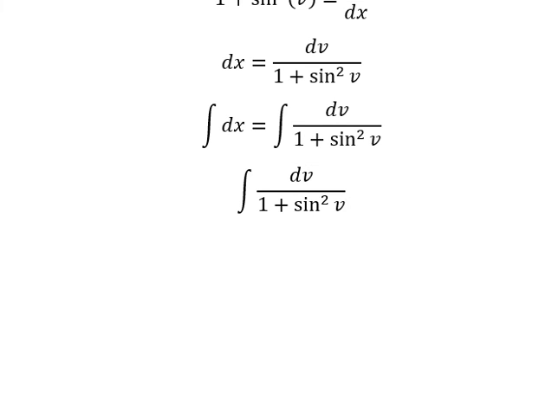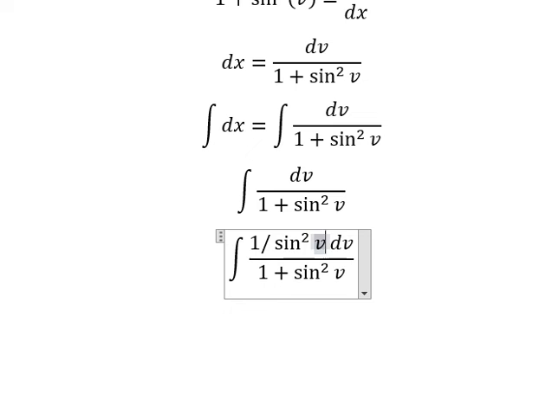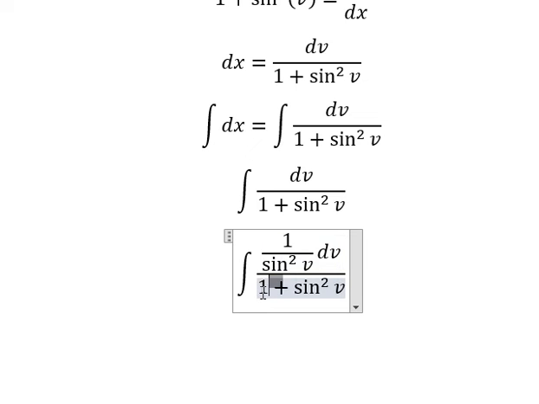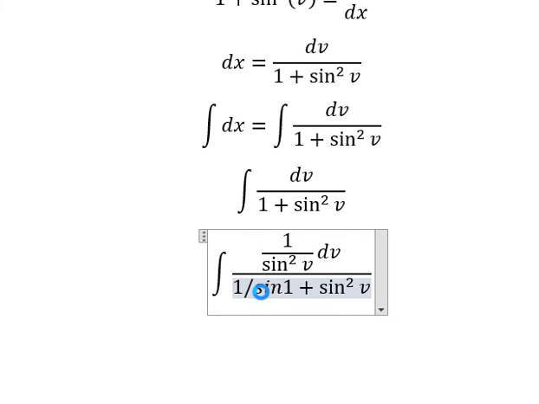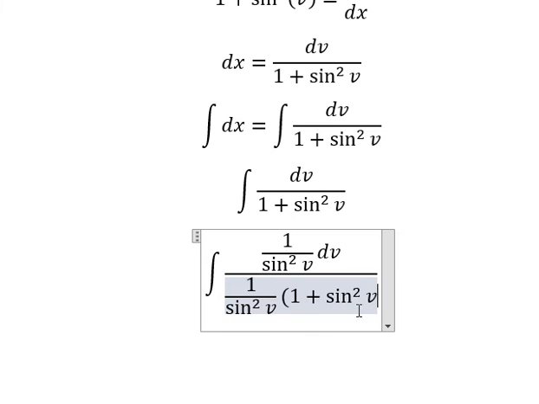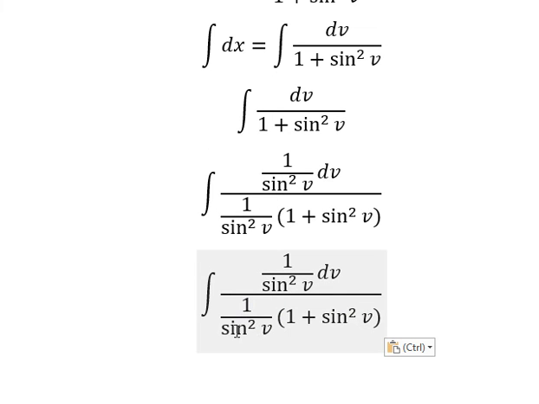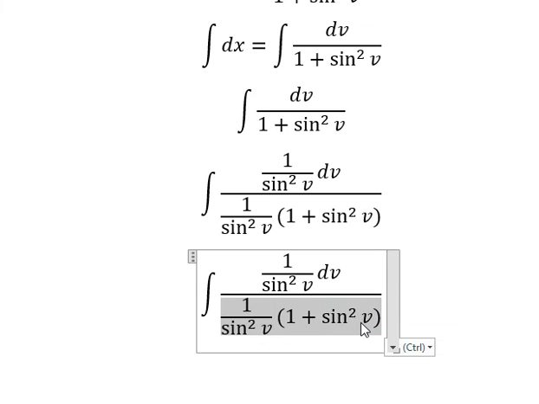We need to divide both numerator and denominator by sine v squared. This one multiplied by number 1 and sine v squared, and you will got like this.